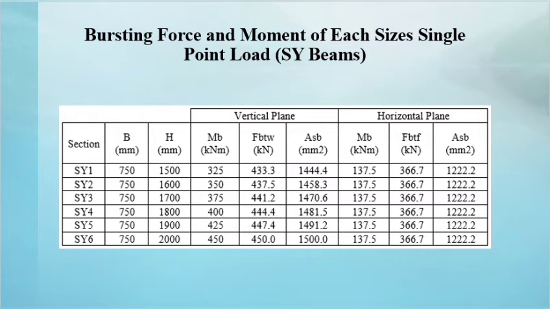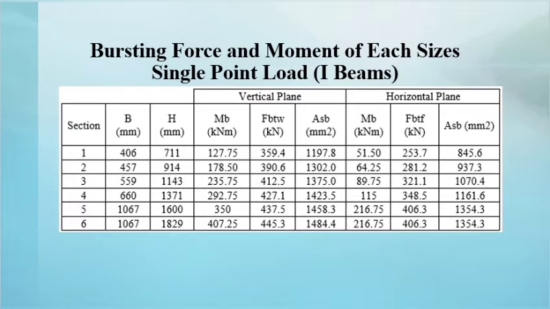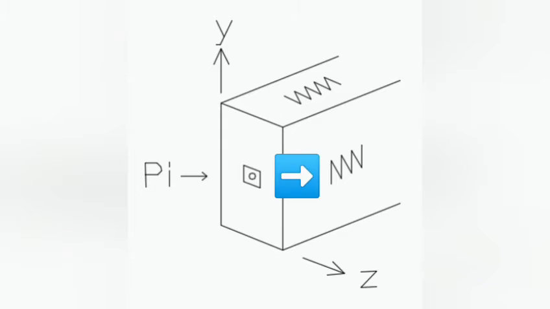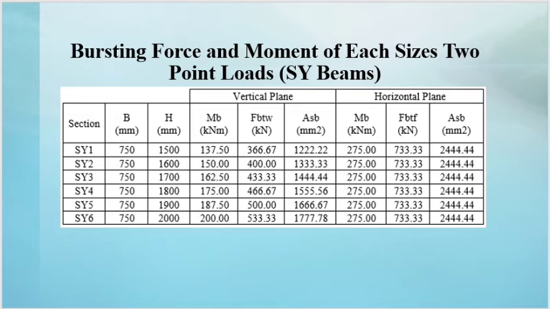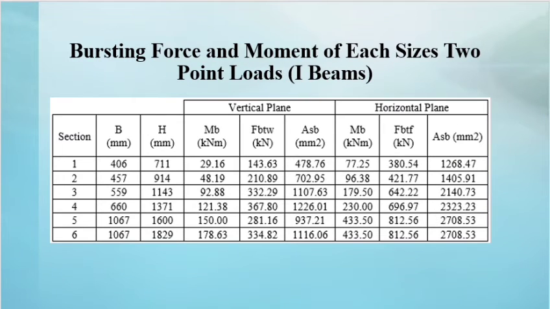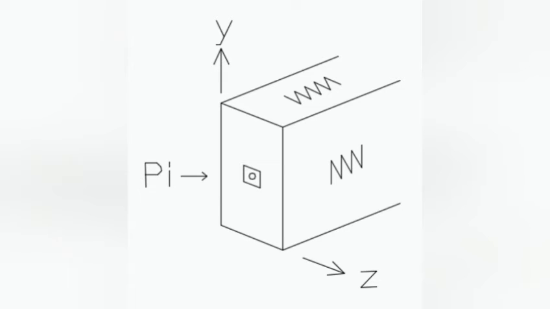Vertical plane, I mean, is this one, this one vertically. For the two-point-load cases, we can see the force is bigger on the horizontal plane, so it tends to split horizontally, which is the Z direction, like this one.